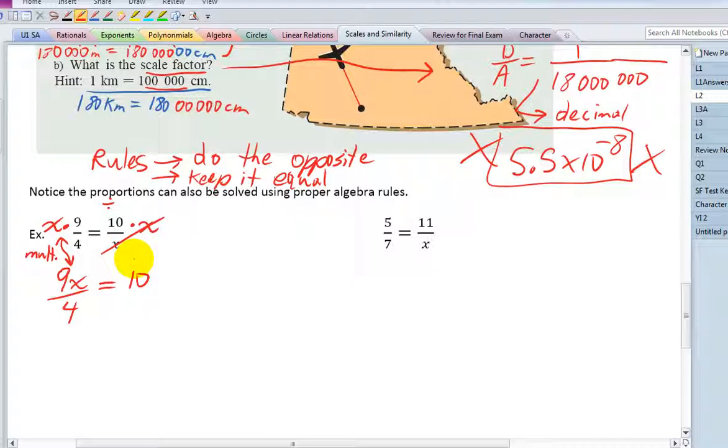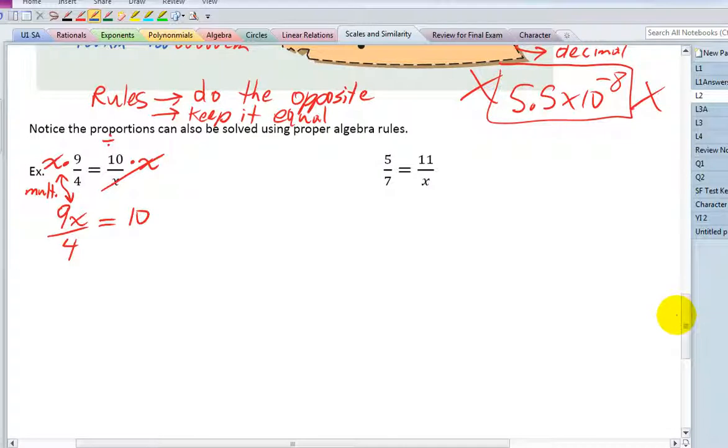Good. What do you guys want to get rid of next? 4. Now, what operation is it? It is a division, so we should do a multiplication. So times both sides by 4. The 4's on the left divide to 1. So we're left with 9x equals 40.